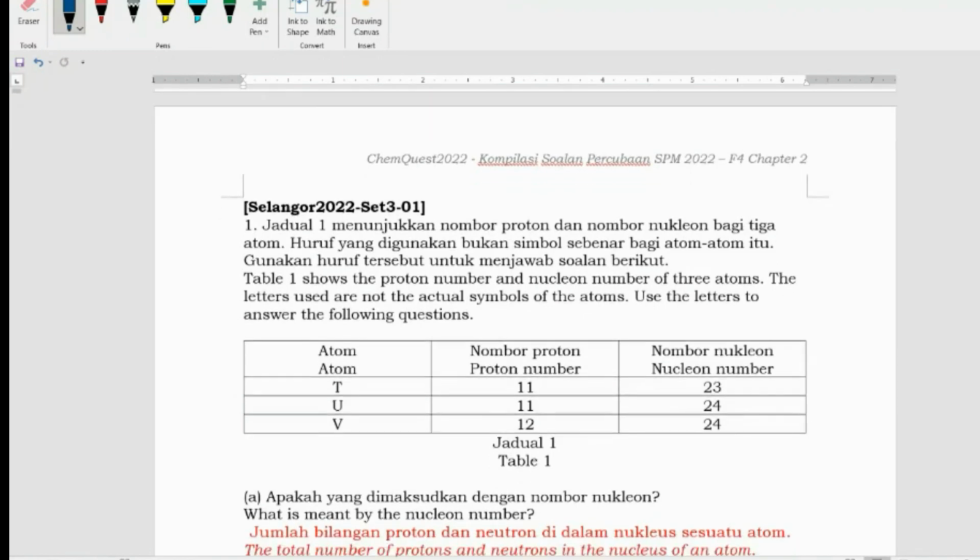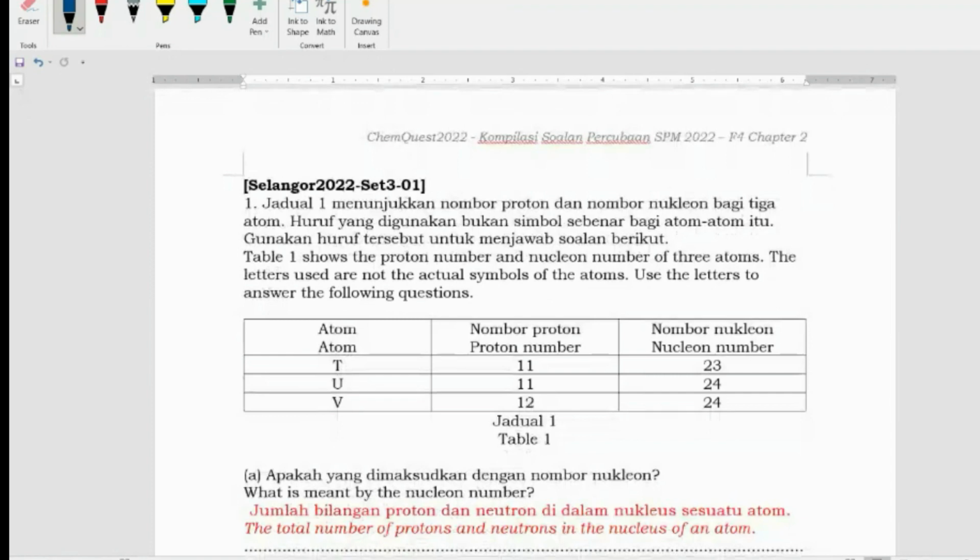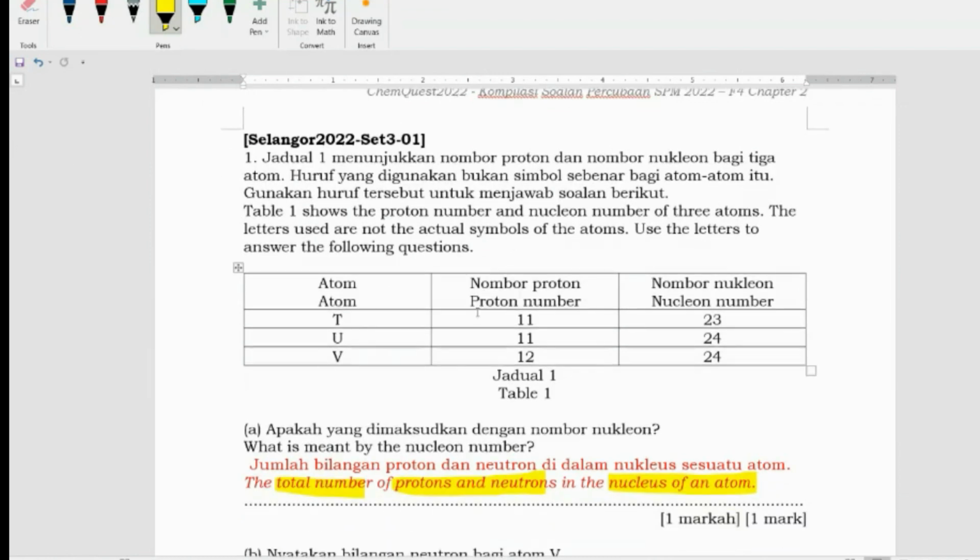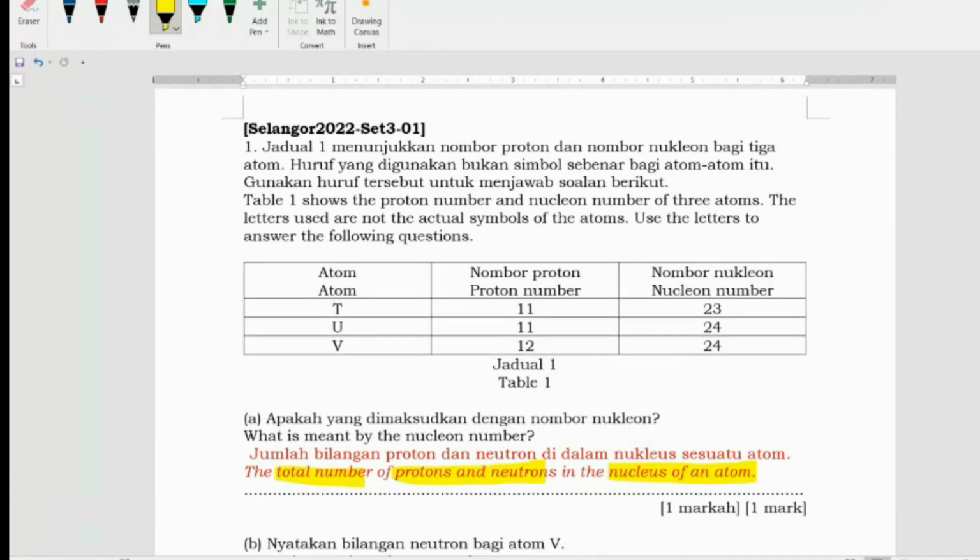Dia mesti jumlah, total number of protons and the neutrons in the nucleus of an atom. Tadi pun sama kan? Jadi kelas kamu boleh tengok soalan-soalan yang selalu dia tanya memang inilah. Jadi mesti ingat. Okay, next.